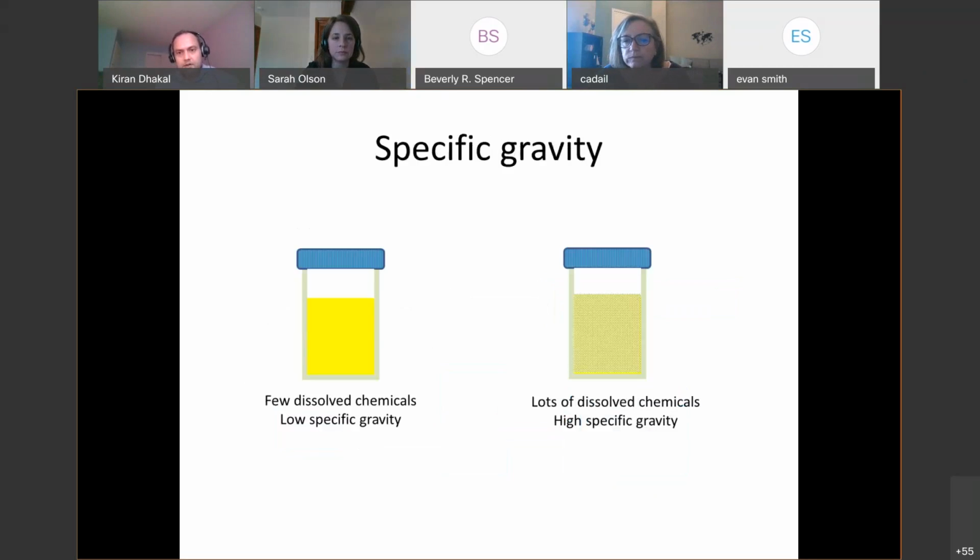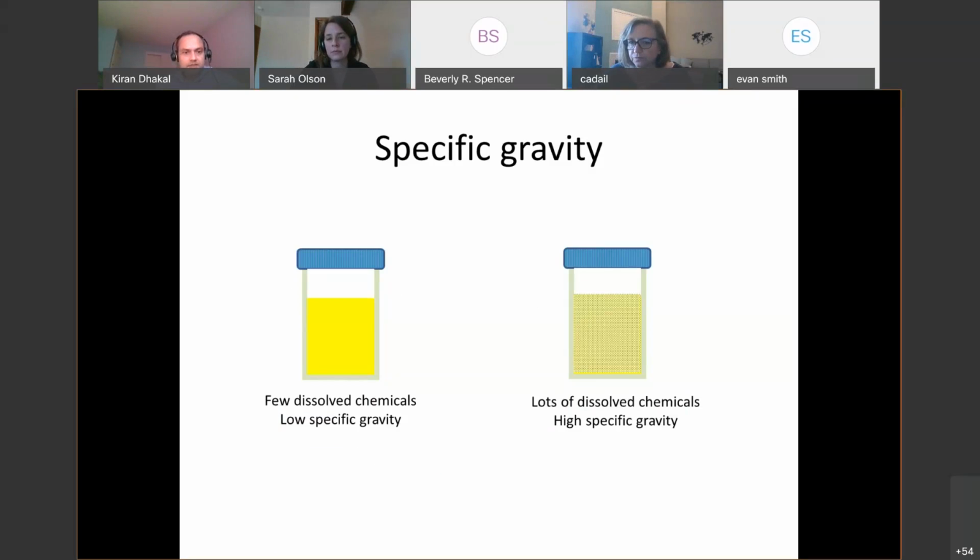Another test for urine validity is specific gravity. The specific gravity, in simple words, is the density of a liquid. The density term refers to a solid object, but when we describe the density of a liquid, we compare with water and define it as specific gravity.